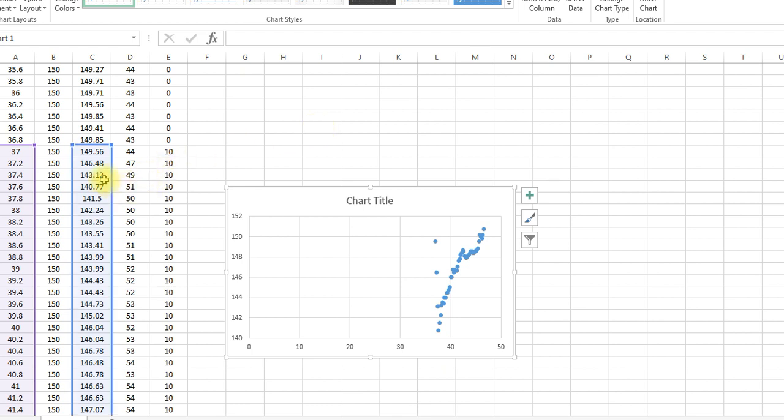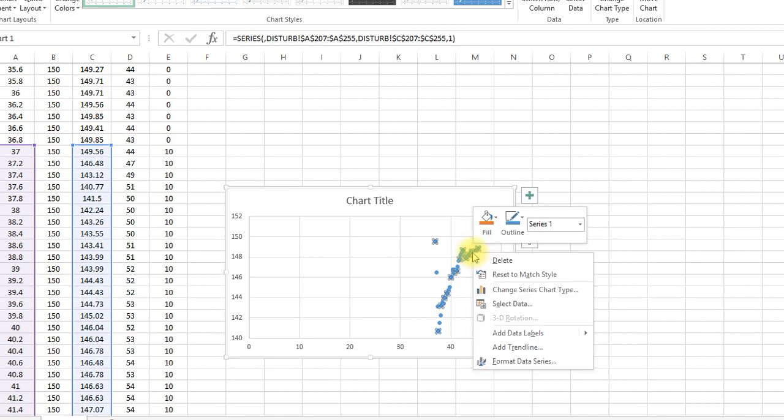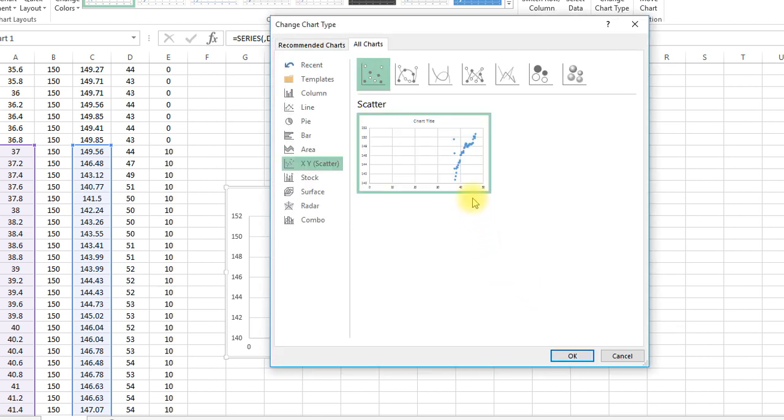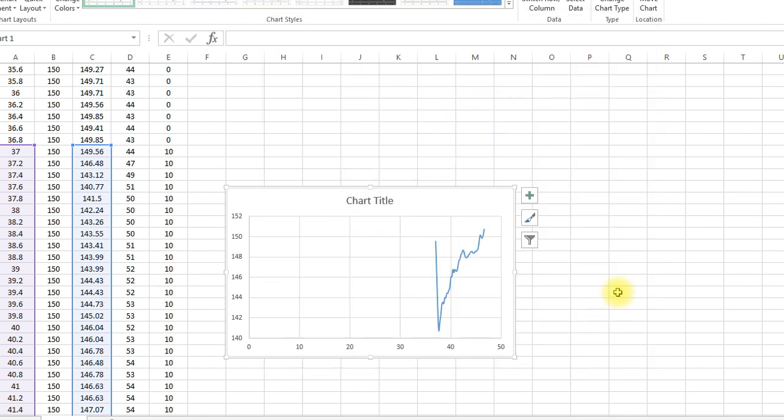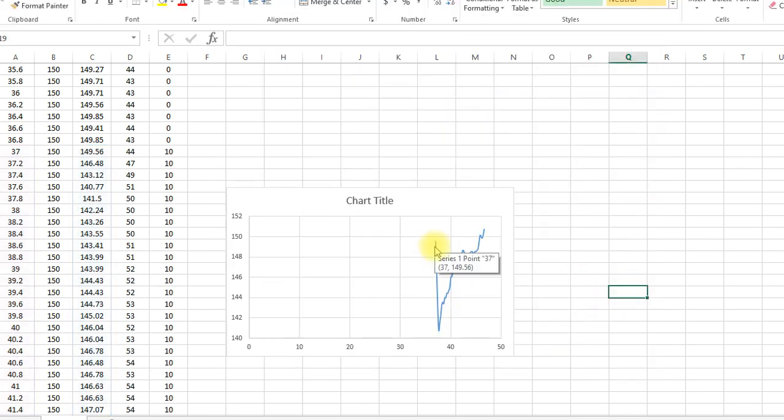The set point is 150, and let me draw. So this was the immediate drop, and then it is coming back to the set point.